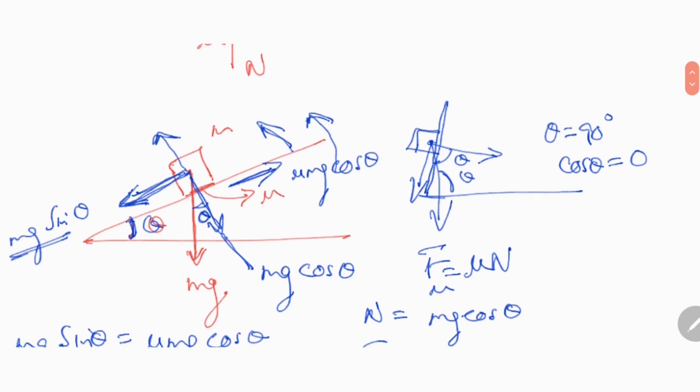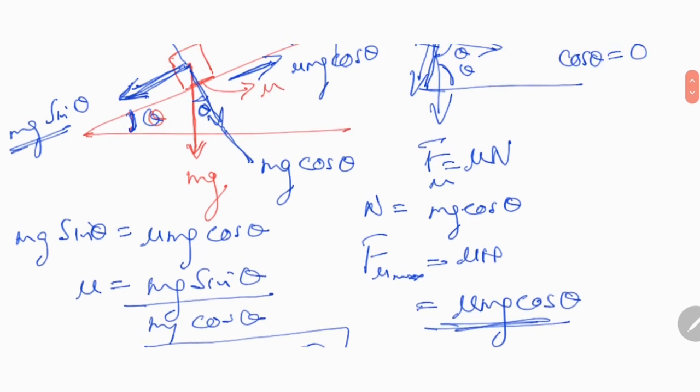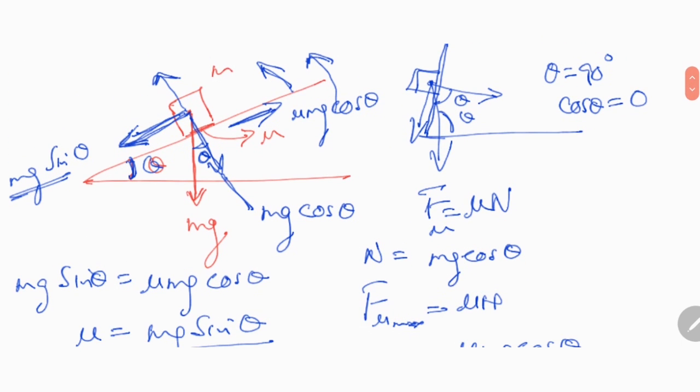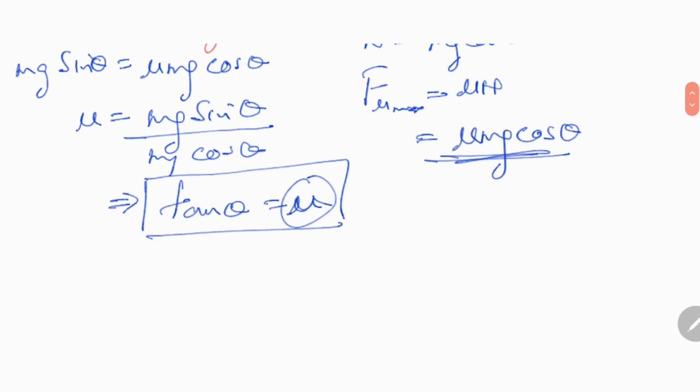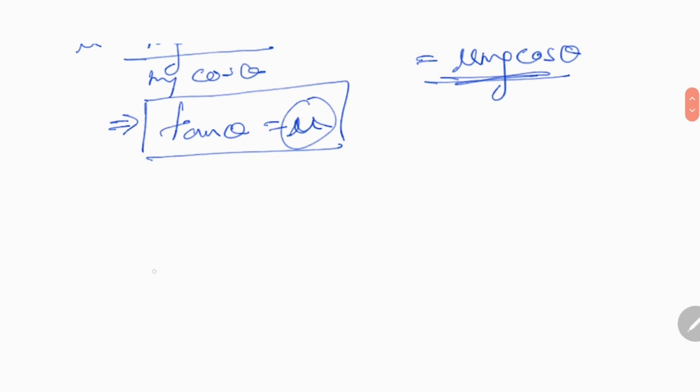Therefore, the value of mu is independent of the mass. It is also independent of the area in contact. Please understand this. Just by calculating the angle at which a particular body starts sliding down, you will be able to compute the mu of this surface.